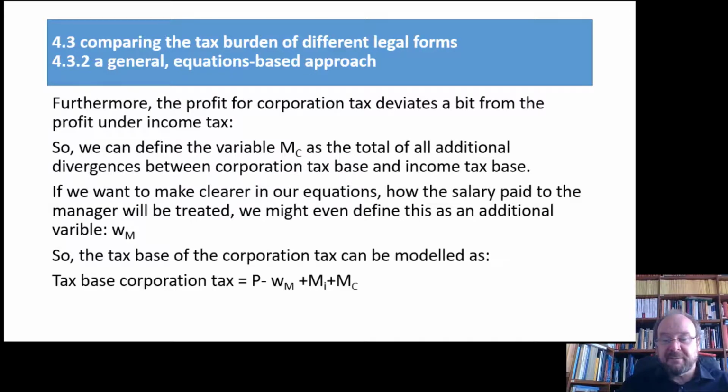I hope I didn't forget anything. So the profit, which would result under income tax, plus modifications for income tax. And the differences to the income tax tariff would be minus the wage for the manager, plus, if they exist, modifications for the purpose of corporation tax.